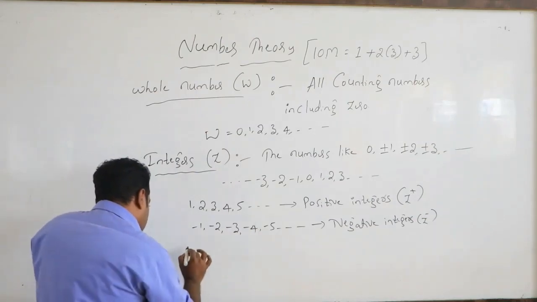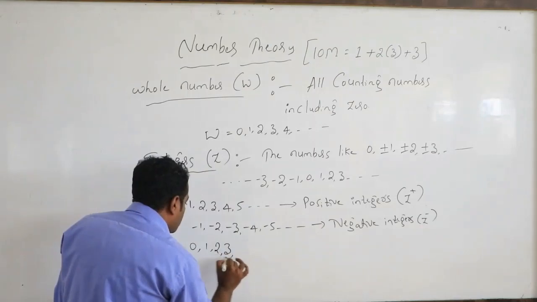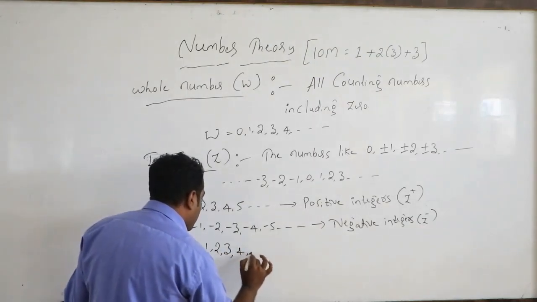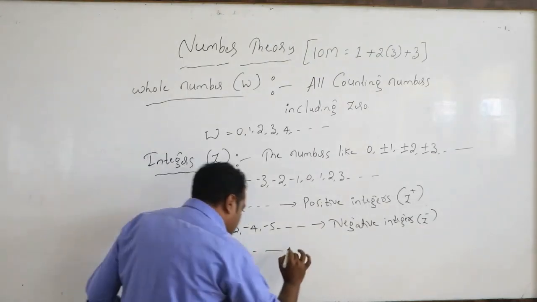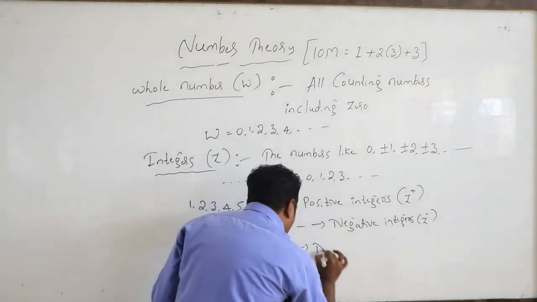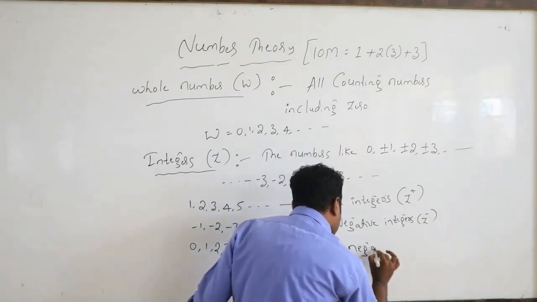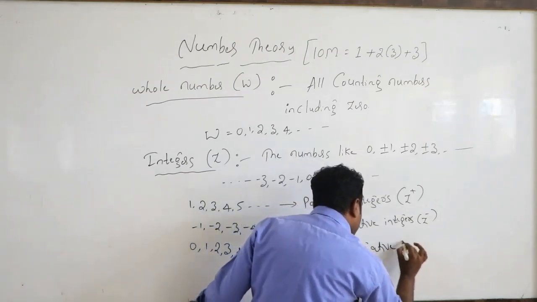Suppose 0, 1, 2, 3, 4, and so on represents non-negative integers.